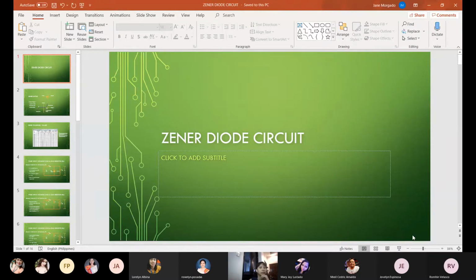Okay. So, Zener diode circuit. Actually there are 3 primary lessons here. The first one is the basics, and then part 2 we'll have on Tuesday. So may klase pa tayo sa Tuesday, but madali lang, maximum of 1 hour.